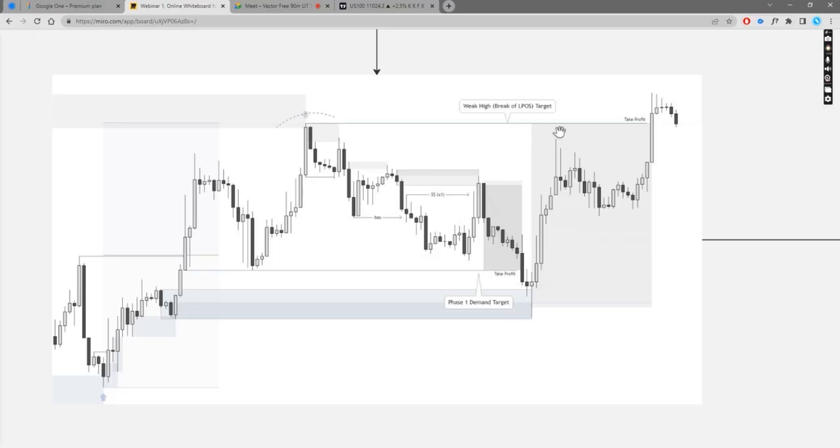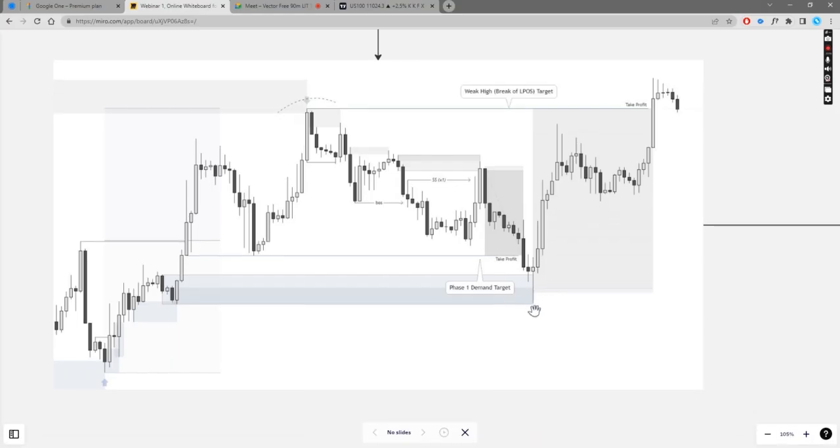You get small pullbacks like this because it uses slightly weaker zones a lot of the time. But more often than not, if you don't have a clean high time frame zone, like we don't here, because it's all being mitigated, you just run straight through it and you can target the weak high and get a really nice trade from there.